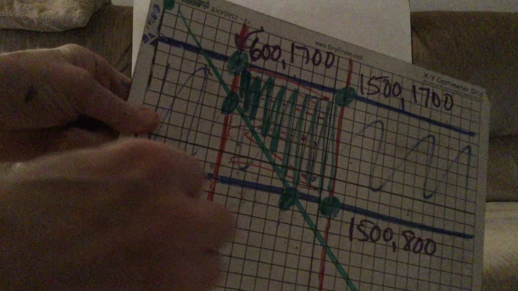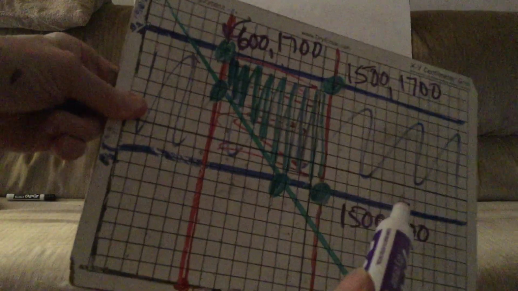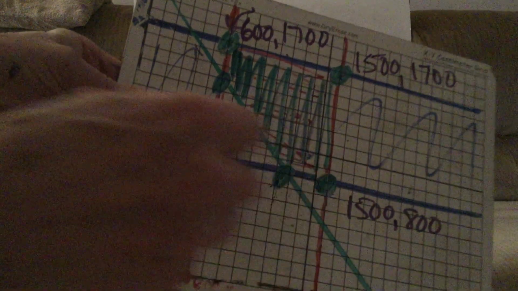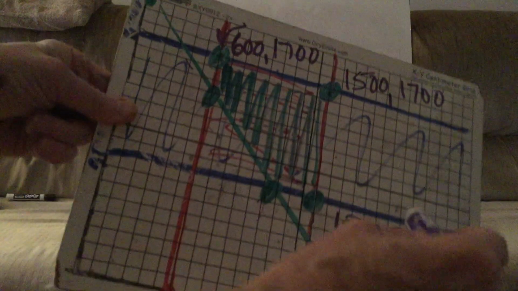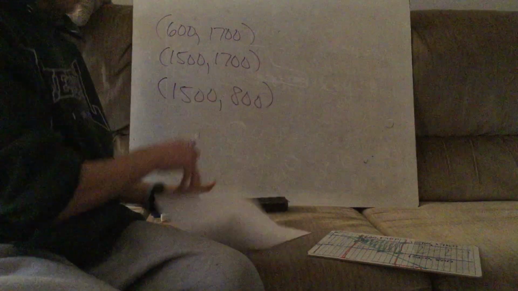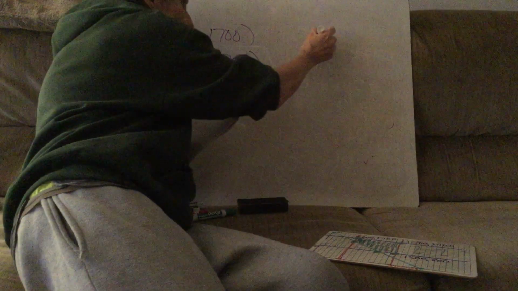That point is on this blue line. Oh, I erased too much. That point is on the line where y is 800. I shouldn't have erased those, so let me get those back up here. 800.